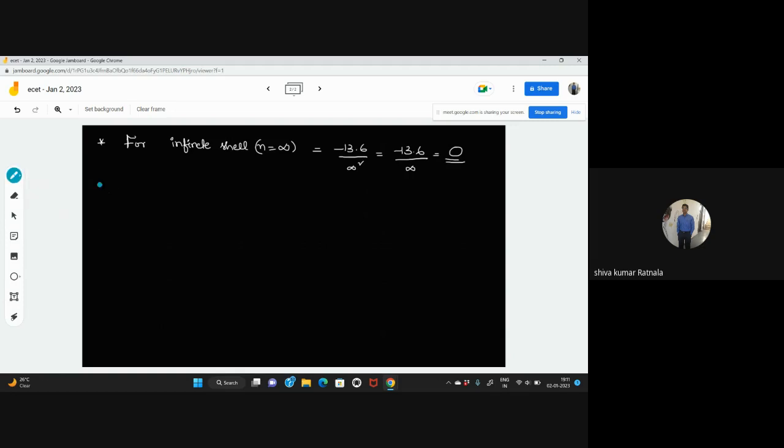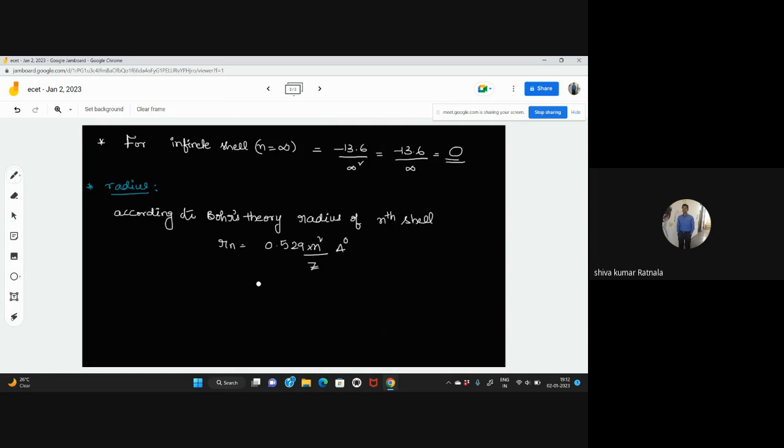And next one, radius. According to Bohr's theory, he derived the formula, and we do not require the derivation, that's the reason I'm not saying it. The radius of the nth shell is Rn equal to 0.529 n square by Z angstrom units.